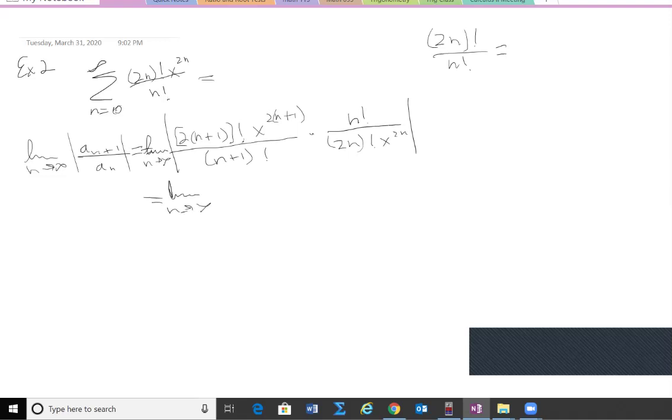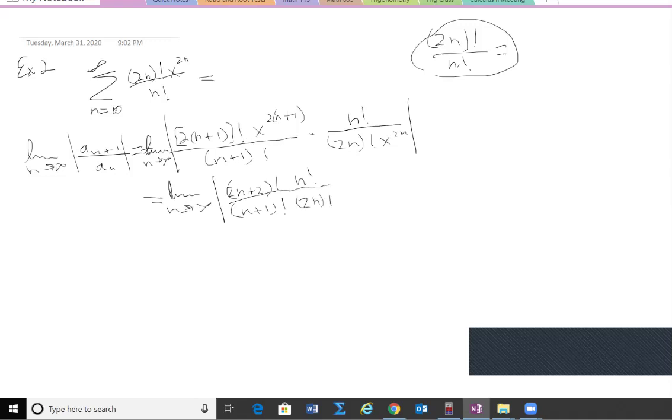Okay, now in here, this is what I was attempting to do over here, but it actually can't be done at this point. So let's do this. 2n plus 2, that's a factorial. This is n plus 1 factorial. There's an n factorial up there, and a 2n factorial down here.